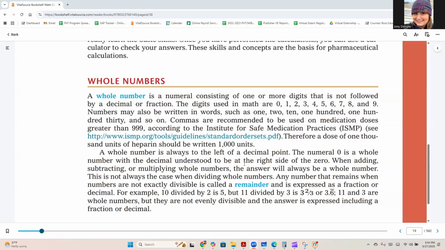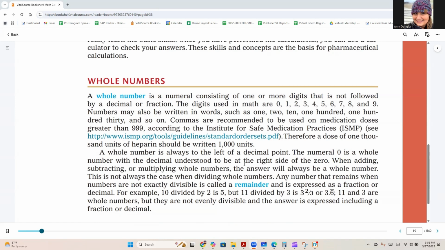A whole number is always to the left of a decimal point. The numeral 0 is a whole number with the decimal understood to be at the right side of the 0. When adding, subtracting, or multiplying whole numbers, the answer will always be a whole number. That is not always the case when dividing whole numbers.